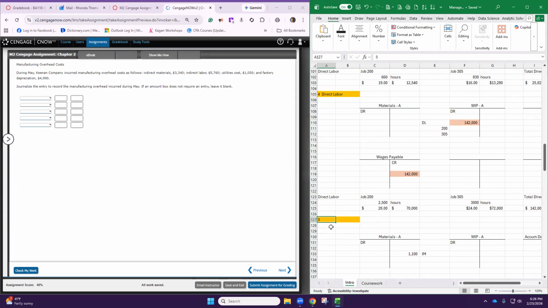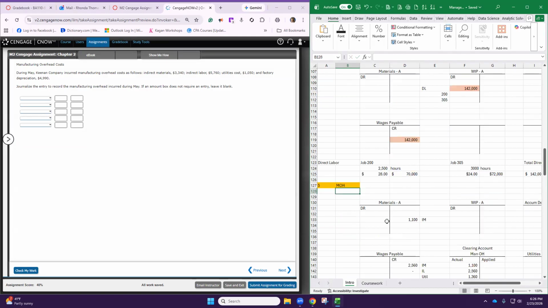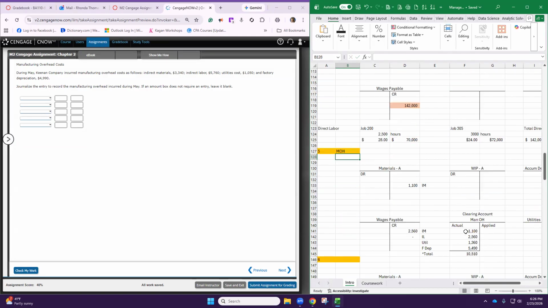Number 5 is manufacturing overhead costs, MOH. You have to watch it, because I have a clearing account for my manufacturing overhead here. We'll list these however we need to.